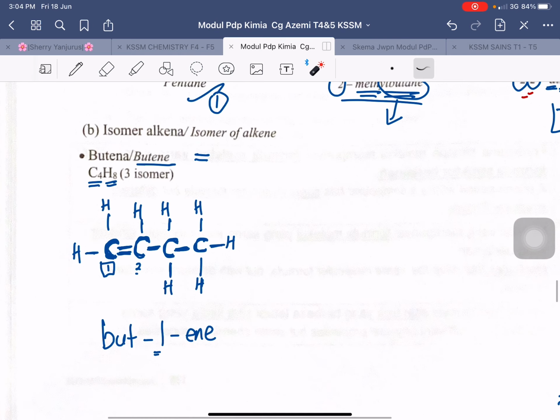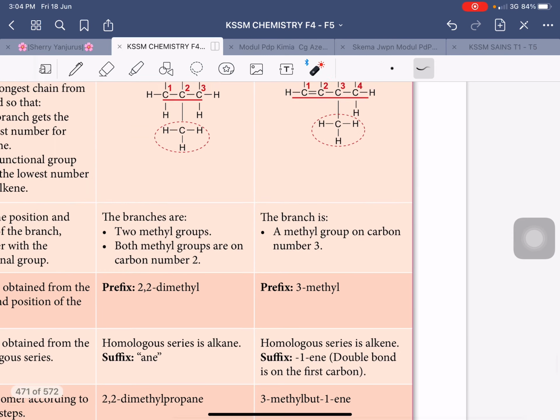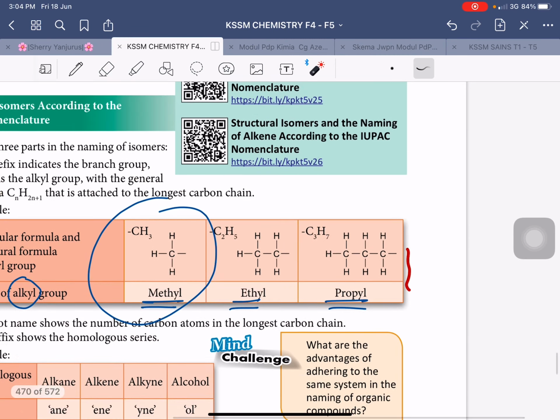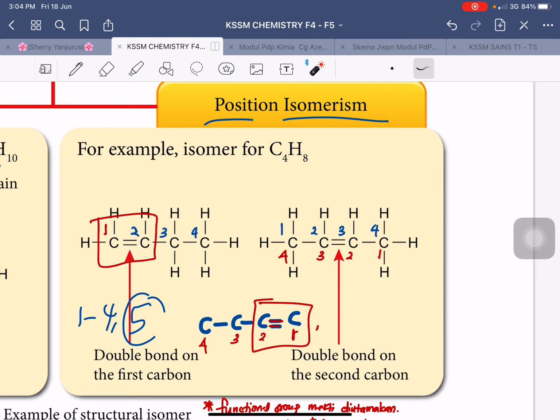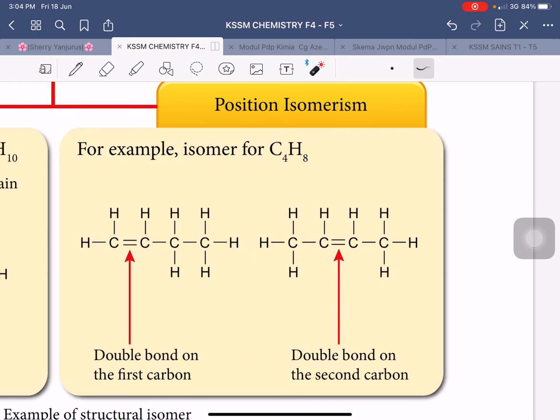Okay, now the next isomer for alkene, you remember what I said just now. According to the textbook, there are 2 types of isomerism. Okay, this is the second type. Let us look at this. The double bond on the first carbon first, and then the double bond on the second carbon.